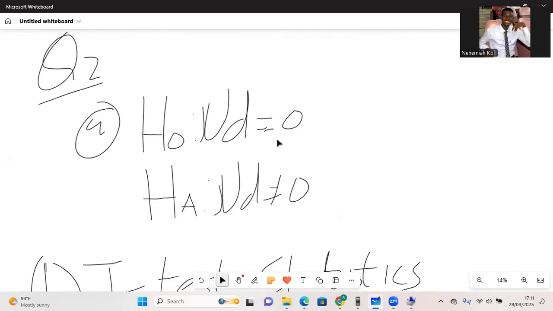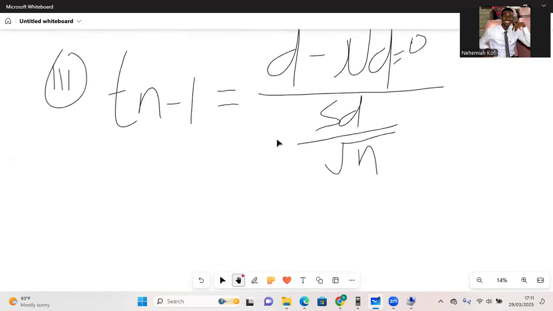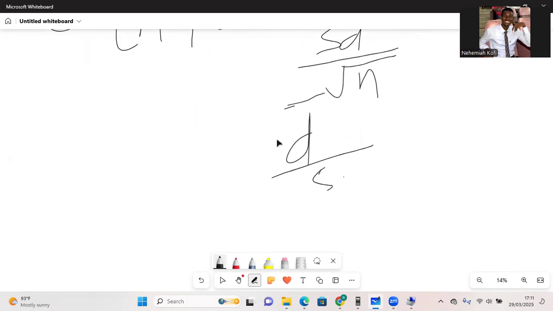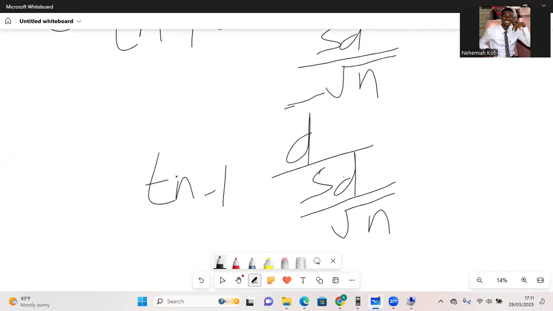Because of this, we make the formula simple, and the formula will now look like this: D bar over S D over root of n, right? So that's how it is going to look like. T with n minus 1 is equal to D bar over S D over root of n.